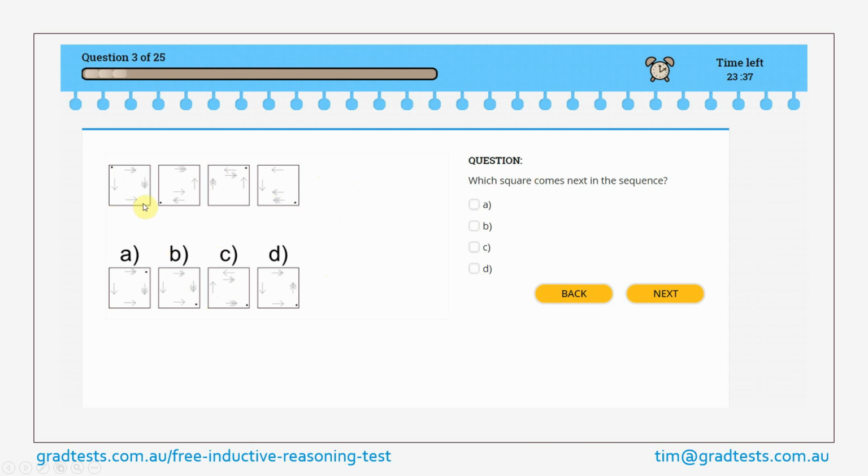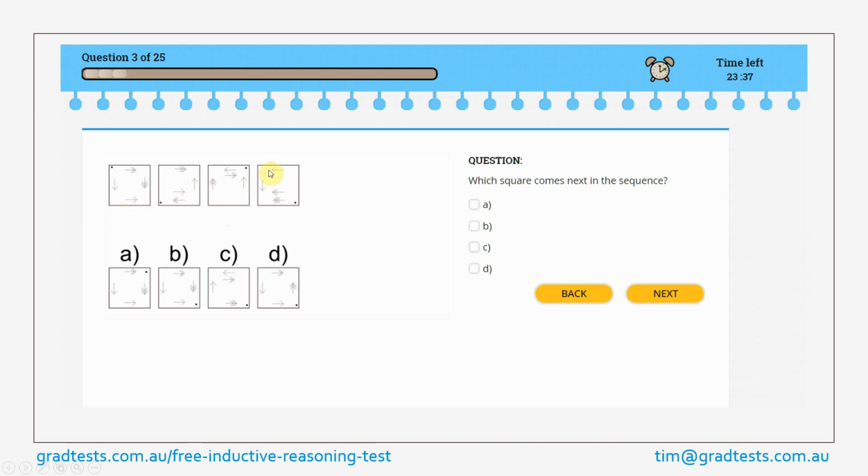You could go through and figure out the pattern for these individual arrows as well. So maybe we'll just do that quickly. This arrow starts here, and then it goes here, here, here. This arrow starts here, goes here, here, here. Again, each of these arrows is rotating anti-clockwise, 90 degrees in each step.